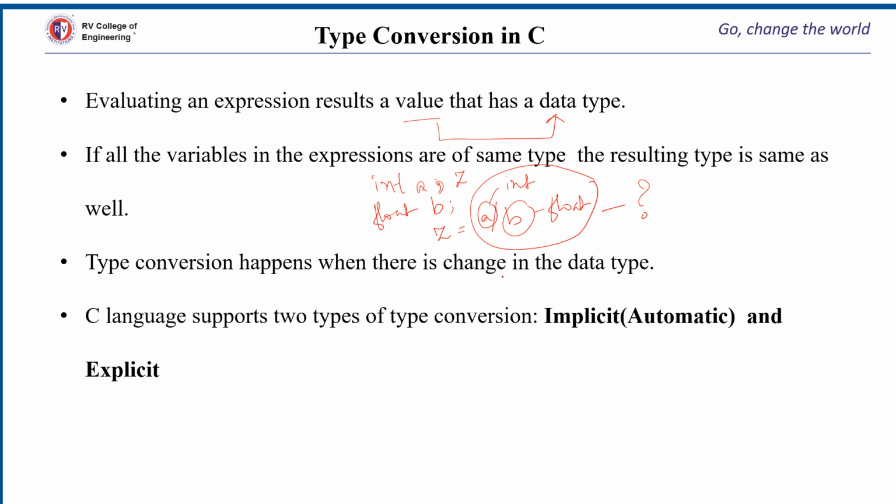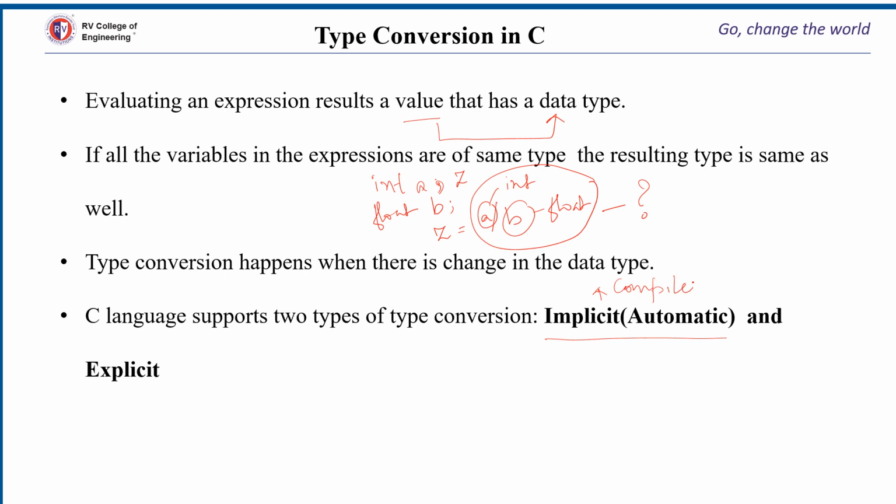Or why the type conversion is essential, right? So whenever the variables in an expression are of different type, type conversion takes place. Now there are two types of type conversion. One is implicit type conversion, which is taken care of by your compiler based on some rules.